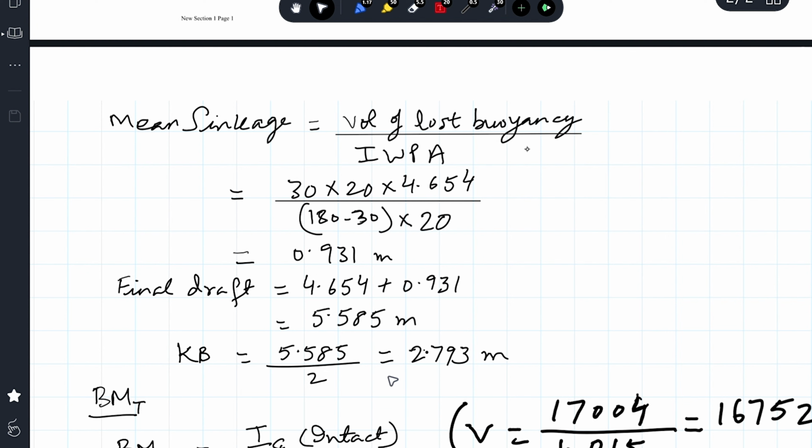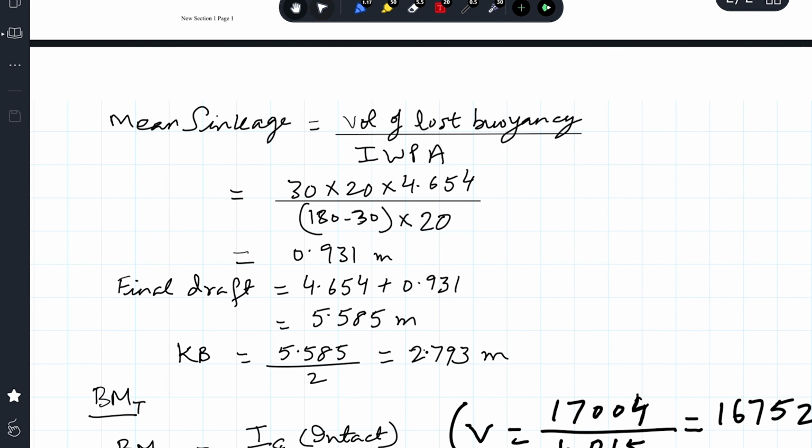KB again. If we don't consider the central midship tank now, the remaining intact underwater volume on the forward and aft side of that tank is still rectangular. So KB can be taken as half of the new draft, 5.585 upon 2, which will be 2.793.